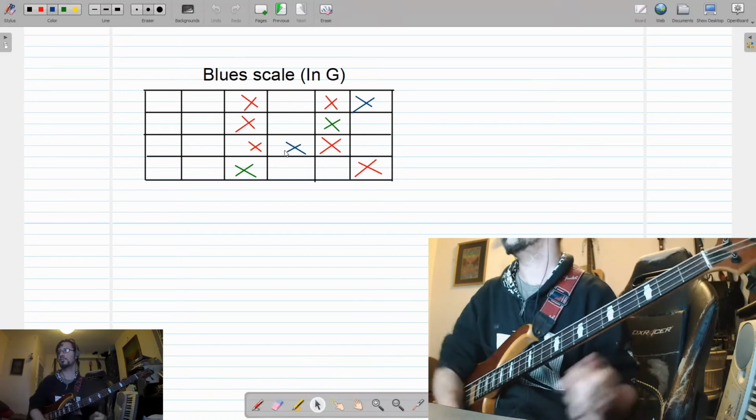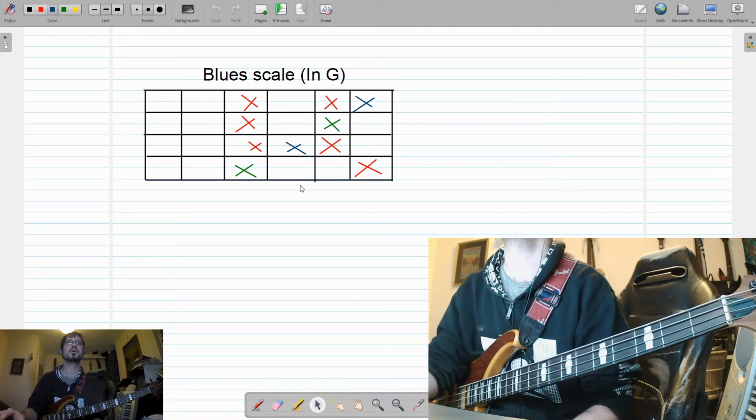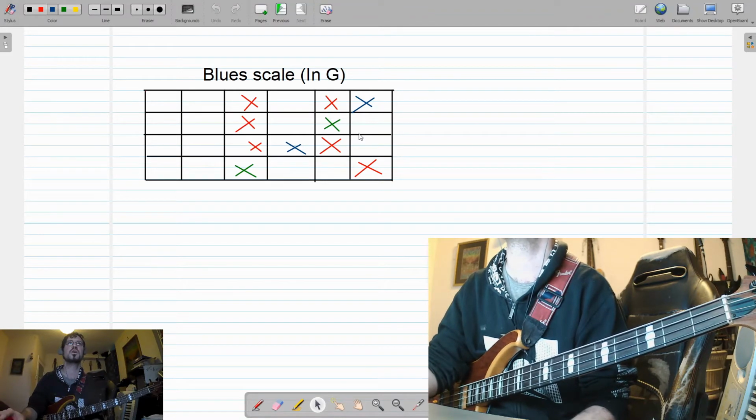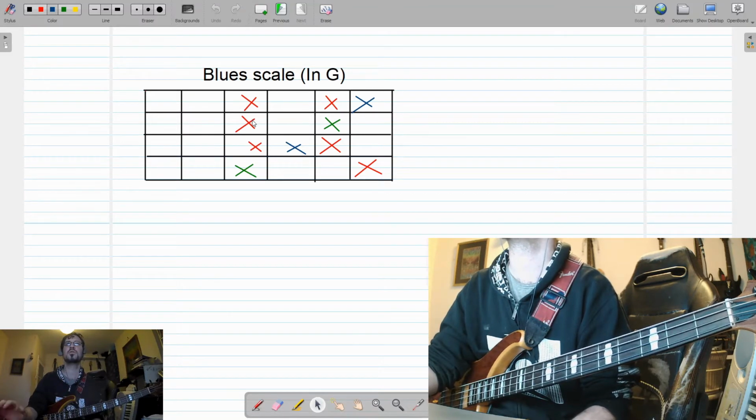You get the idea. So you can sort of play around with the blues scale, but that's just one more scale. This is a pentatonic, but with an additional note. So it's got the root octave, so 1, 2, 3, 4, 5, 6 notes.